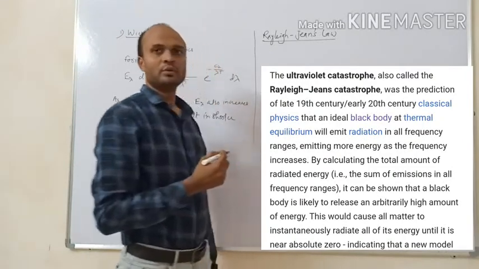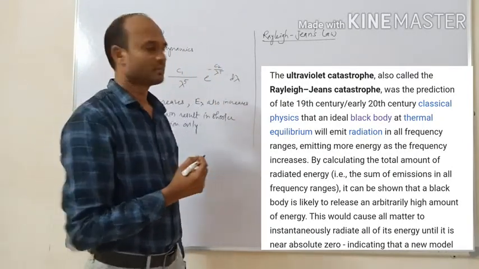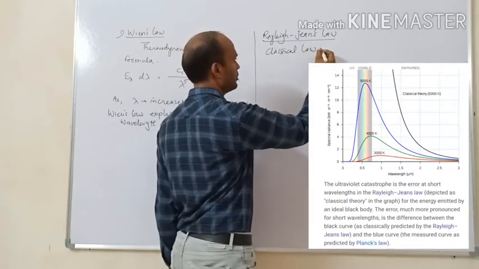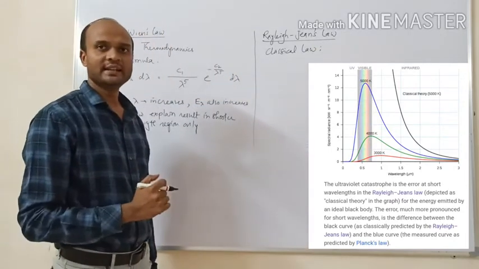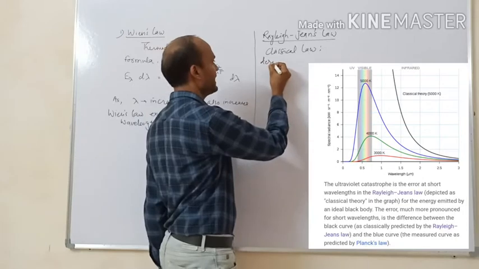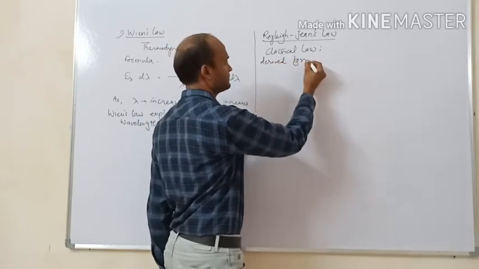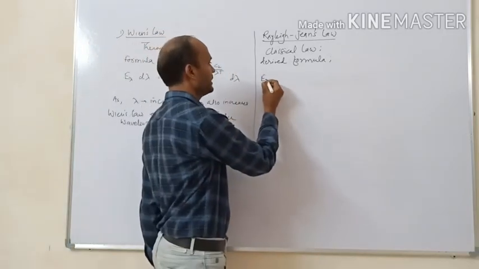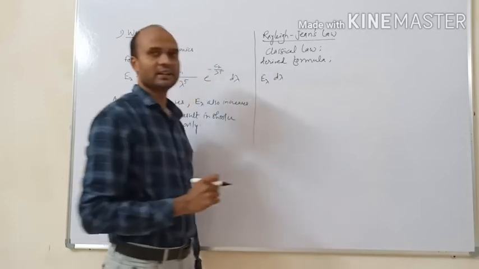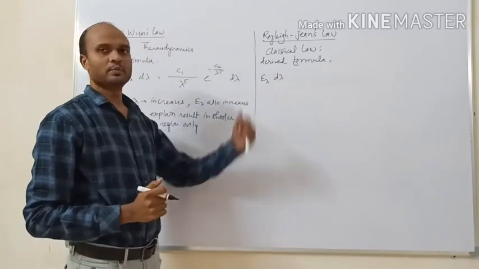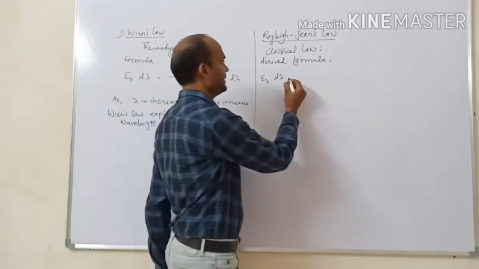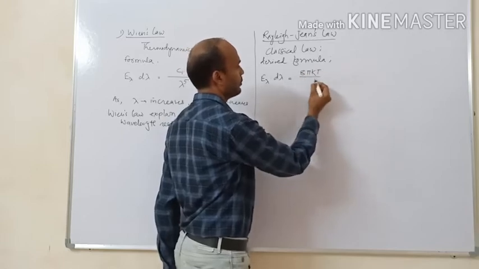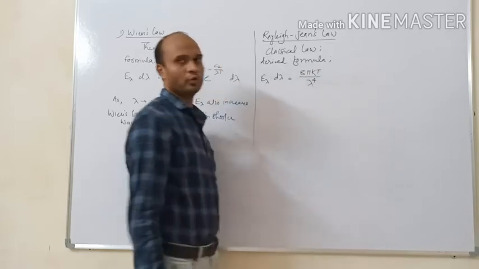So to derive their formula, they again use the classical laws. By using classical theory, Rayleigh and Jeans derive a formula, and Rayleigh-Jeans formula gives the energy density in the wavelength interval d lambda, that is emissive power E lambda into d lambda, is equal to 8 pi kT upon lambda raised to power 4.